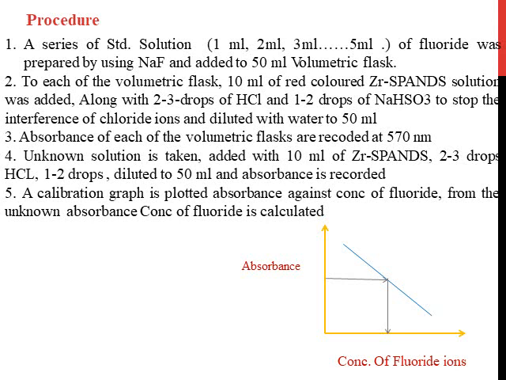With this decreasing straight line, from the absorbance of the unknown solution, the line is extended to the straight line, and from the straight line further extended to the x-axis. From the x-axis, the concentration of fluoride ions is calculated.